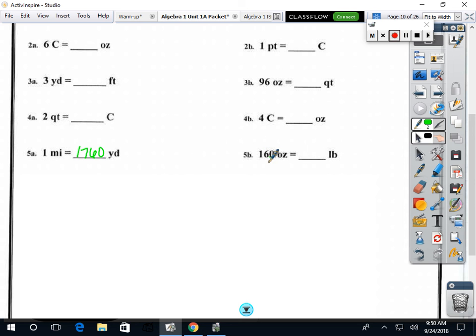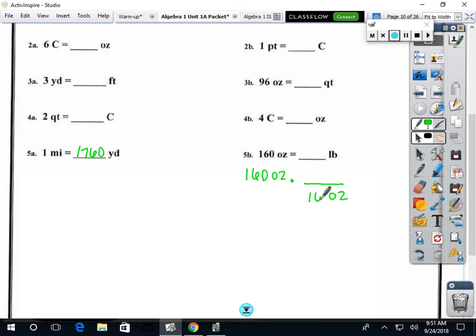All right, 5B. We have 160 ounces given, and we're trying to take this to pounds. Since ounces is what we start with, ounces goes on the bottom next. And do we know anything about ounces straight to pounds? Anybody know anything about ounces to pounds?